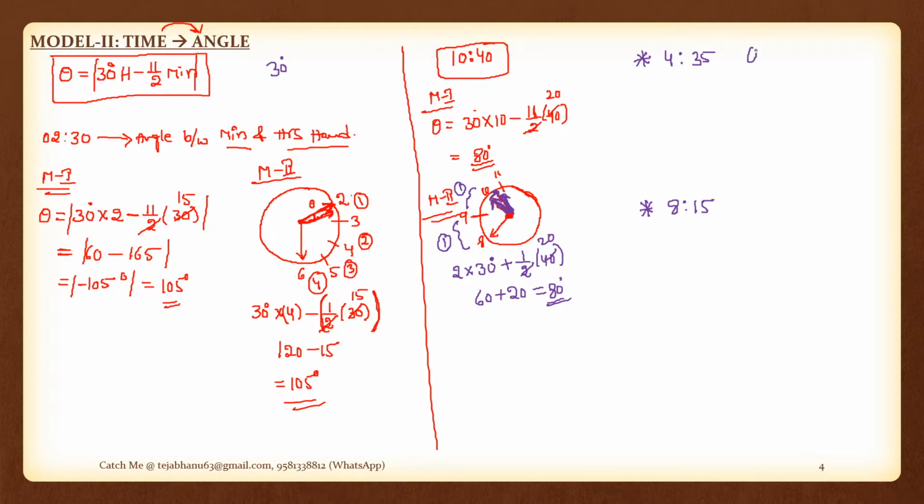See, theta is equal to 30 degrees into h minus 11 by 2 into minutes.